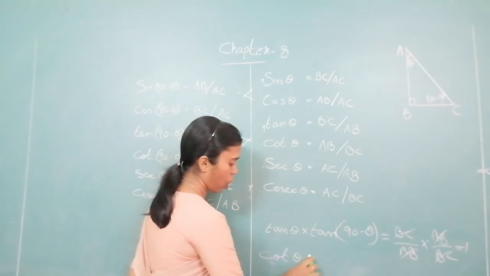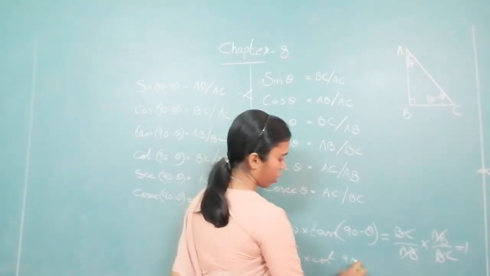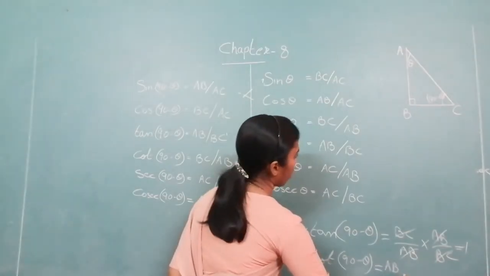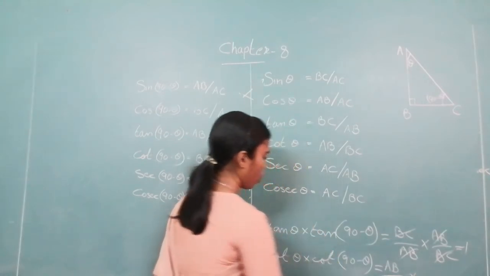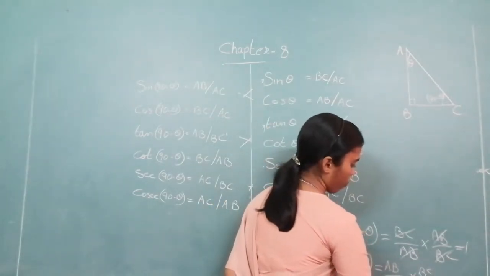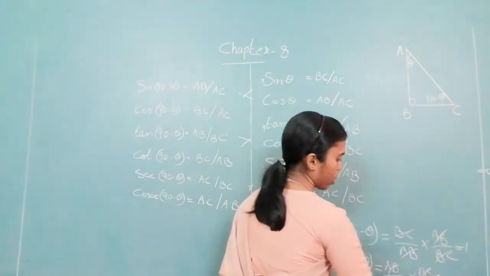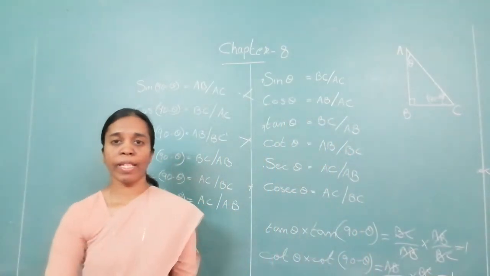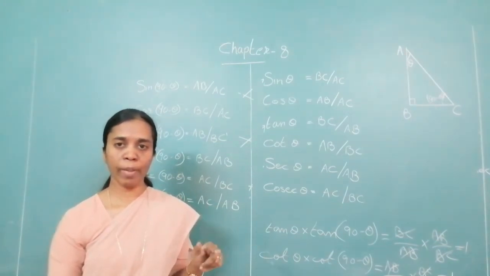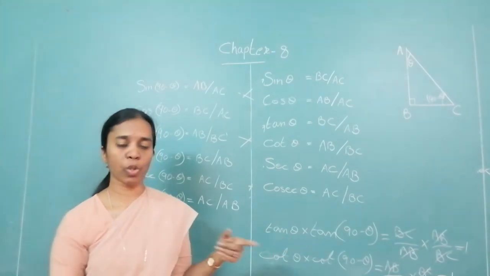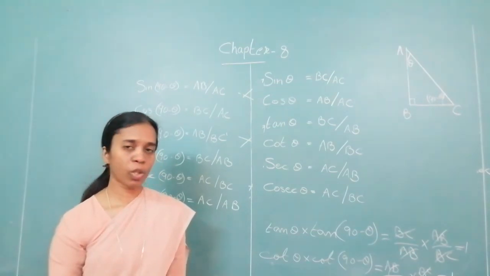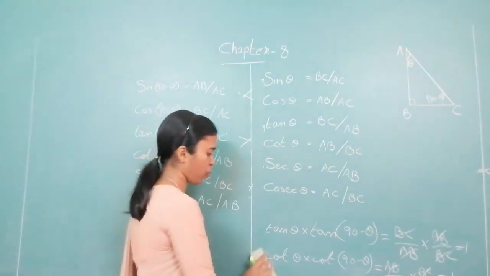Similarly, cot theta into cot 90 minus theta: cot theta is AB upon BC, into cot 90 minus theta, which is BC upon AB. Again getting cancelled, the answer is 1. Please write these two also in the formula: tan theta into tan 90 minus theta is equal to 1, and cot theta into cot 90 minus theta is also equal to 1.